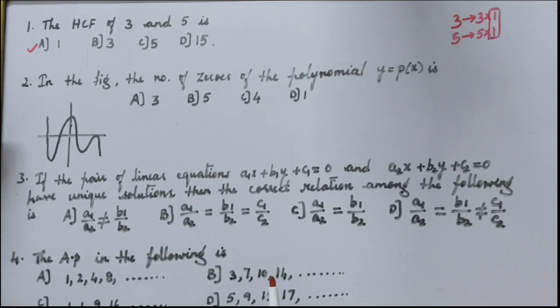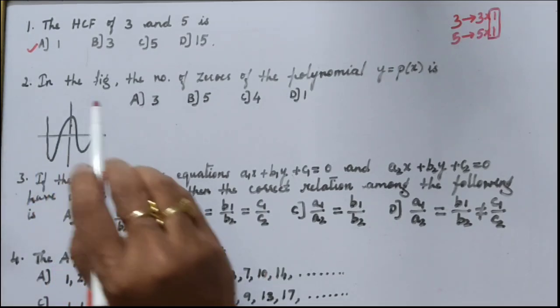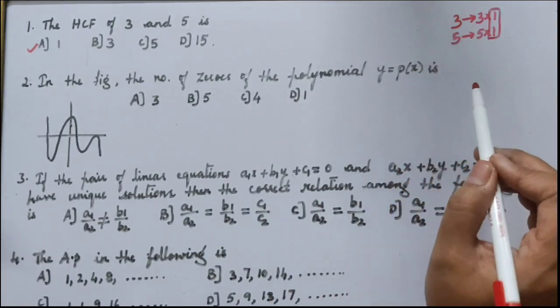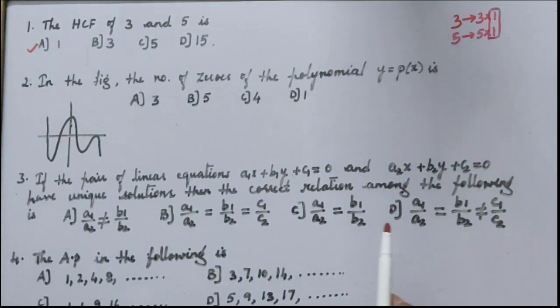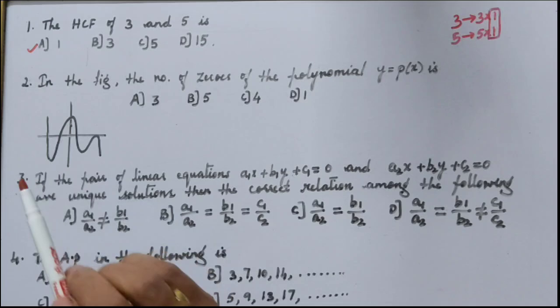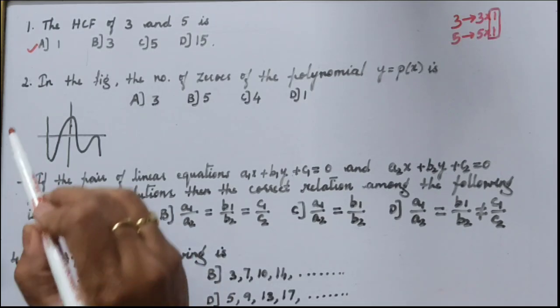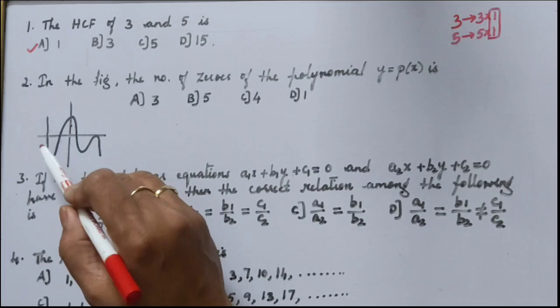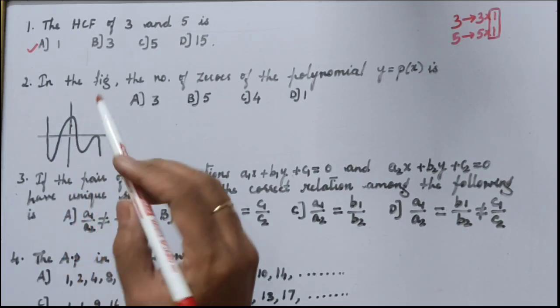Now the second question. In the figure, the number of zeros in the polynomial y equals p of x is. Now you can just see this graph. Just by looking at the graph, we can say the number of zeros. The number of zeros means the curve touching the x-axis.